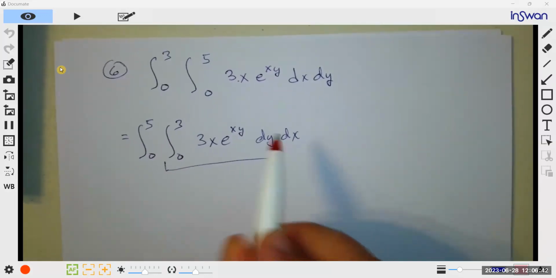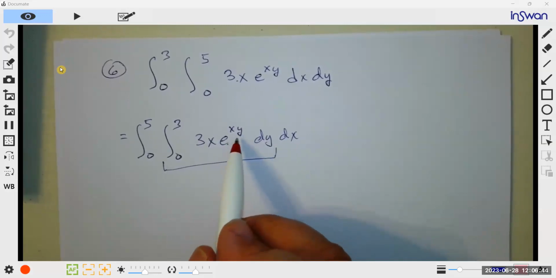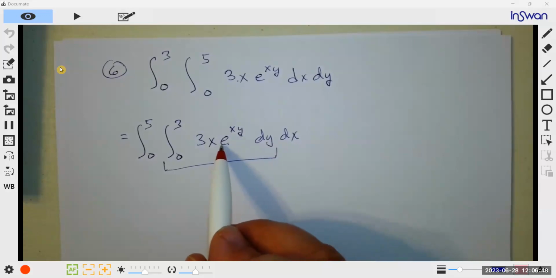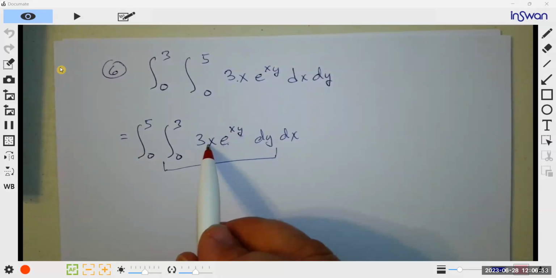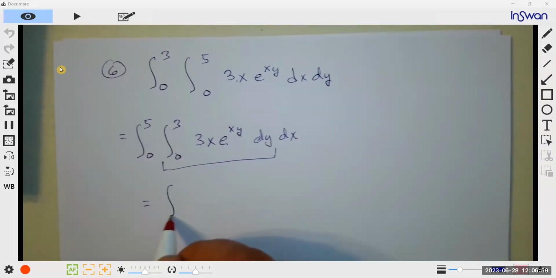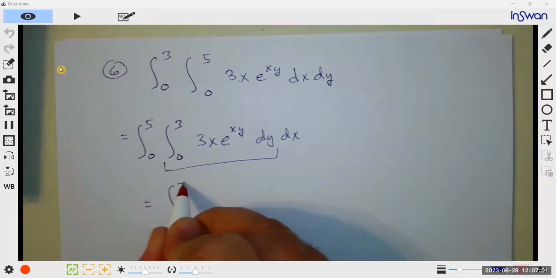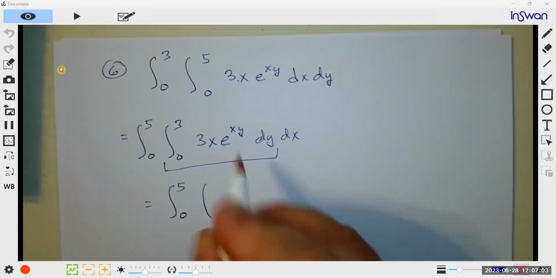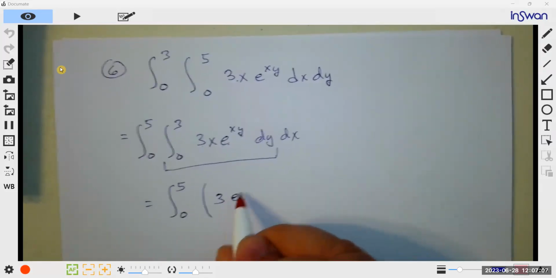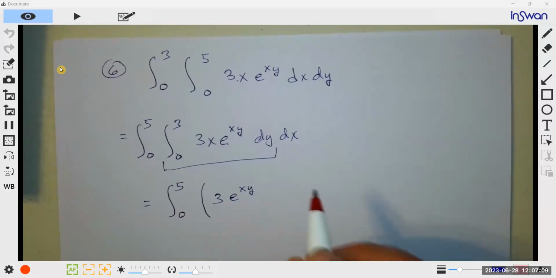Now, the first one, I have to integrate with respect to y. The derivative of e to the xy is x e to the xy, so there's my coefficient. Don't have to worry about that. So it's 3 e to the xy.